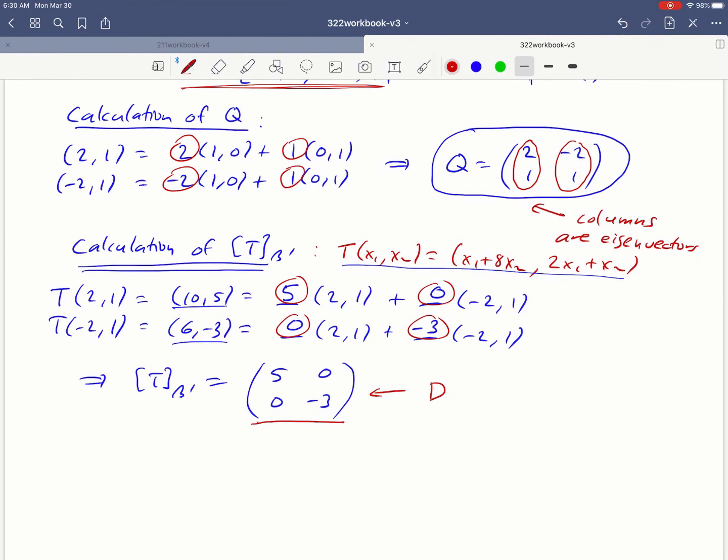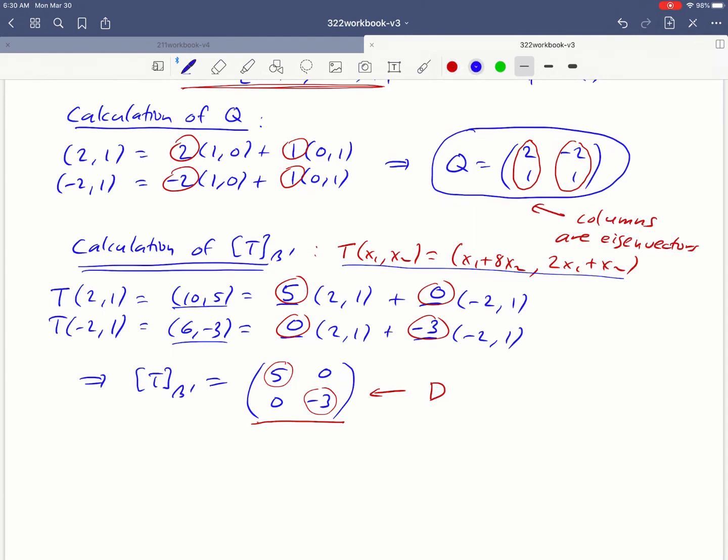Do you notice anything special about the numbers on the diagonal here? 5 and negative 3. Those were the eigenvalues that we found in part A, the eigenvalues of this linear transformation. That's also not surprising if you think about theorem 5.1. It said that this diagonal matrix that we calculate should have the eigenvalues on the main diagonal. That was the second sentence of the theorem.